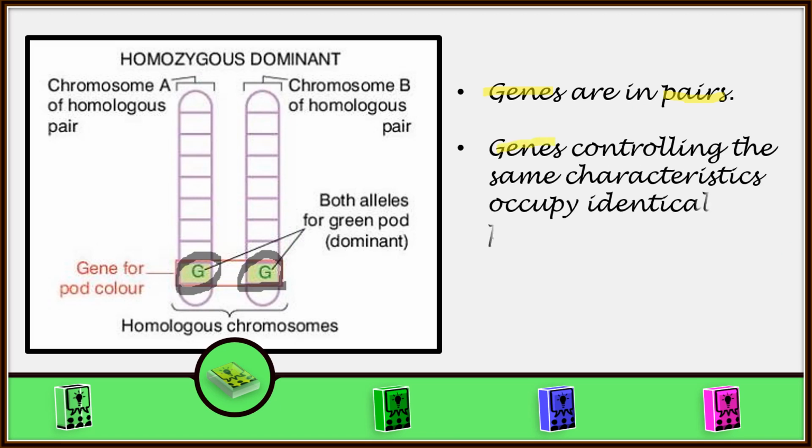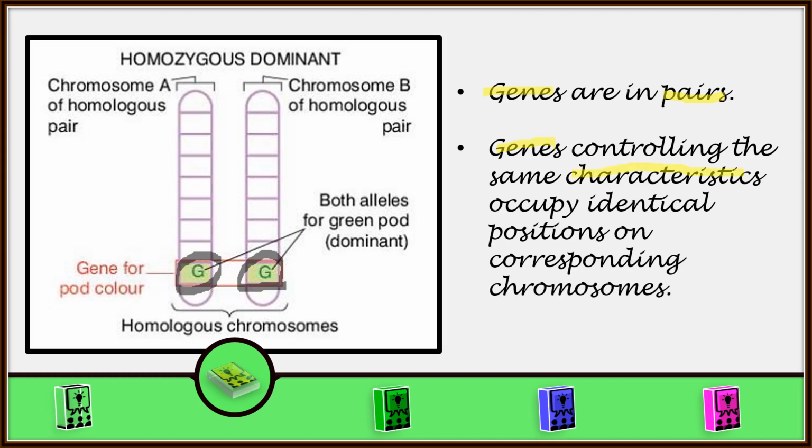The genes controlling the same characteristic occupy an identical position on the corresponding chromosomes. So these genes, which are controlling this character, which is the pod color, are located at an identical position on the corresponding chromosomes.